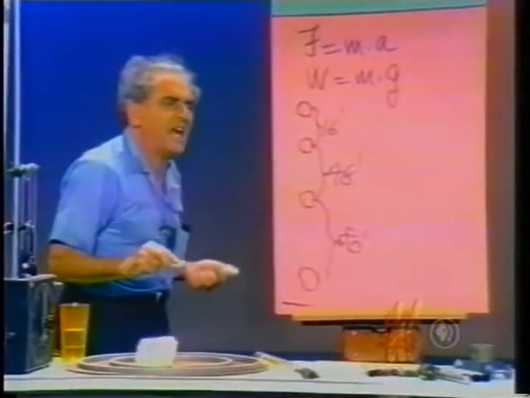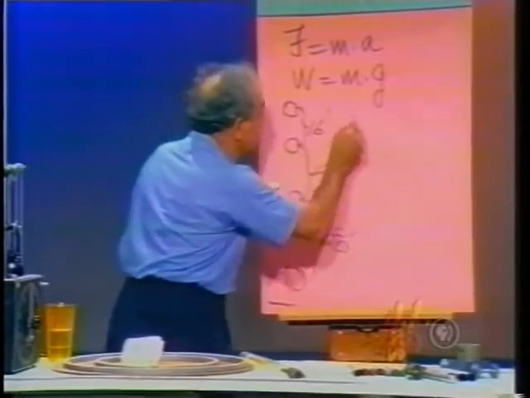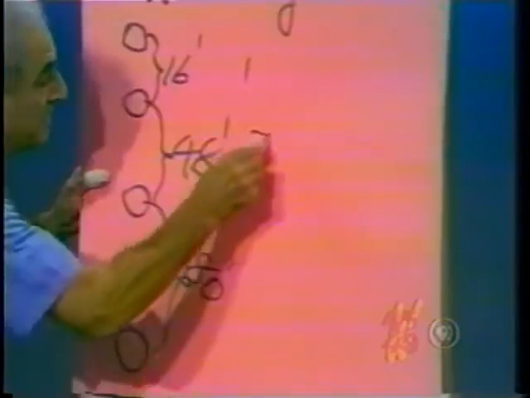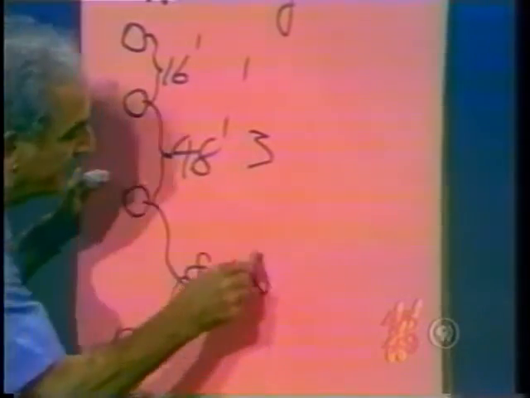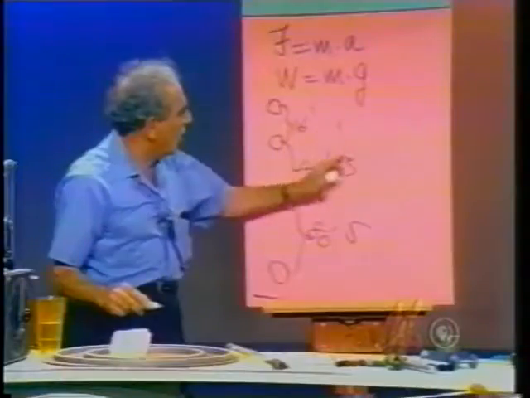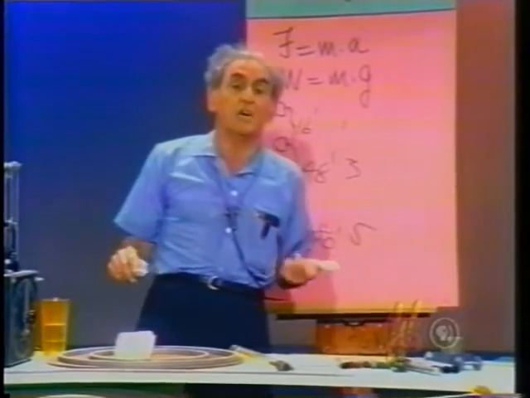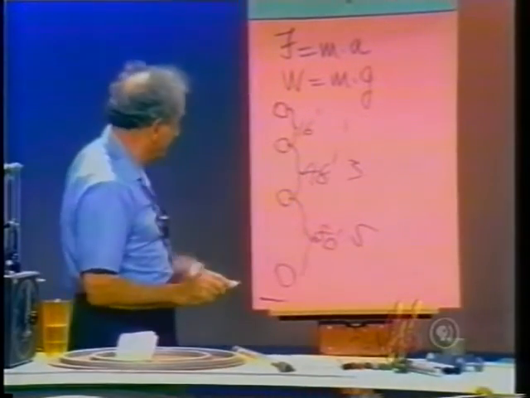And these numbers have some mathematical enchantment, because 16 divided by 16, 48 divided by 16, 80 divided by 16, and we see that the numbers are the odd numbers beginning with unity, which is a discovery that Galileo made in the 16th century.